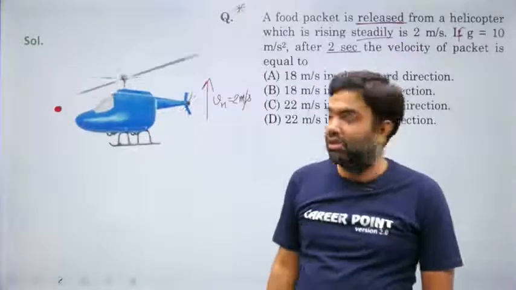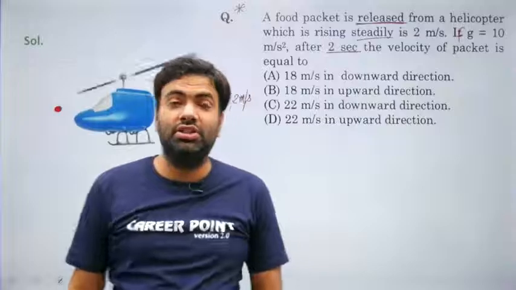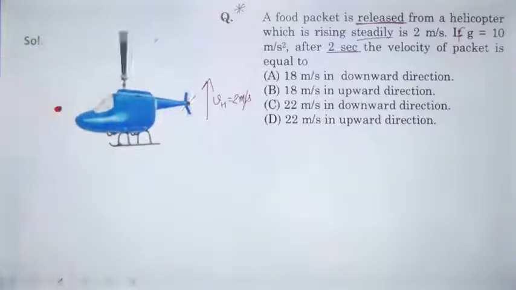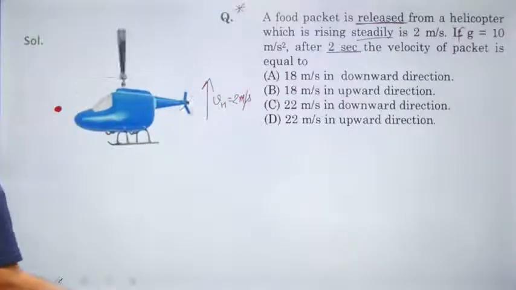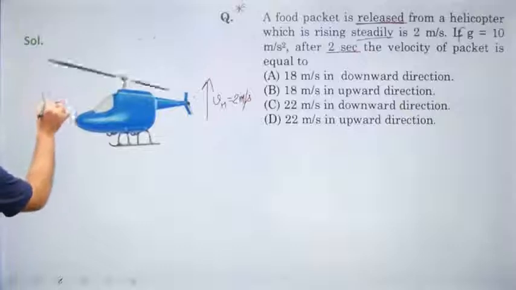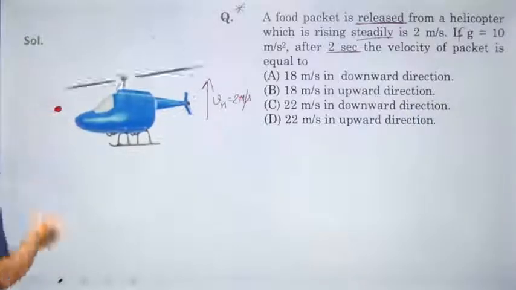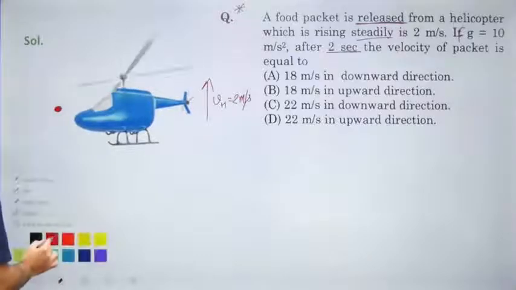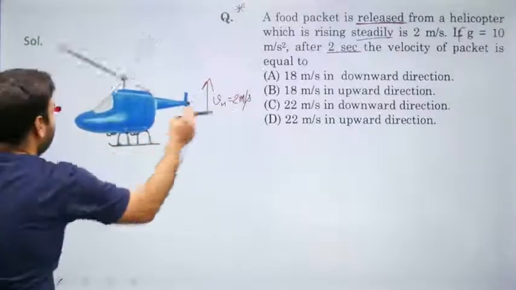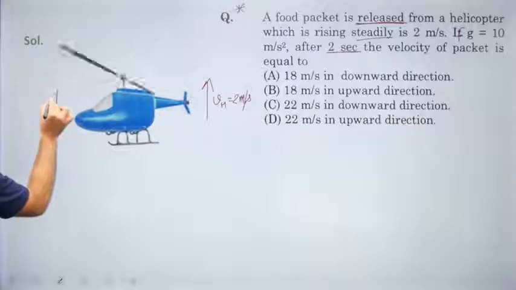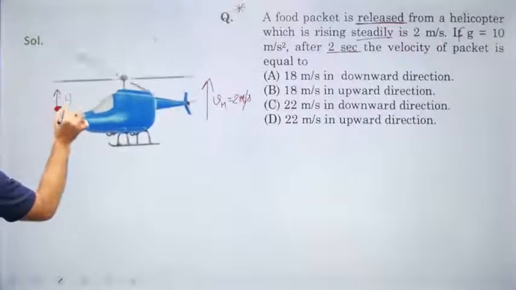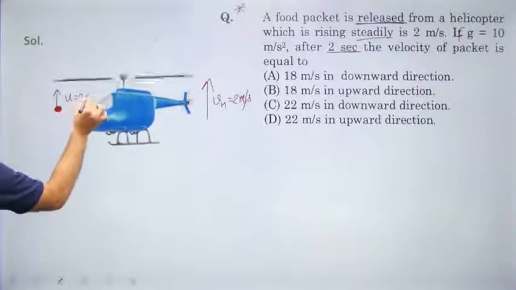No, Himal, 0 is not the initial velocity. That's why I told you, you are going to learn something in this question. So its velocity will be the same velocity as that of the person who is releasing it. So the initial velocity of this food packet is equal to 2 meters per second.